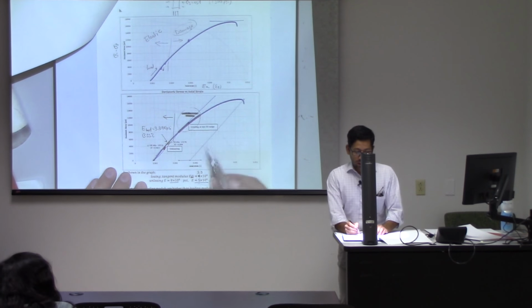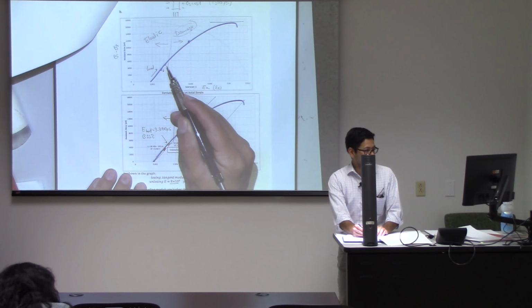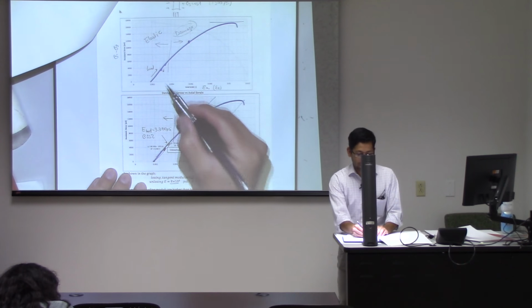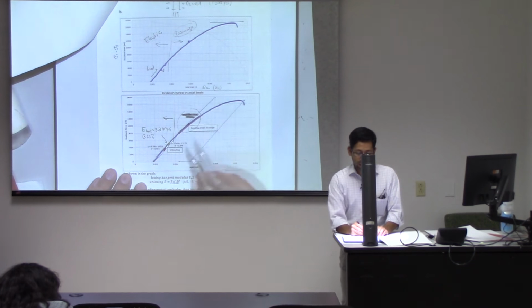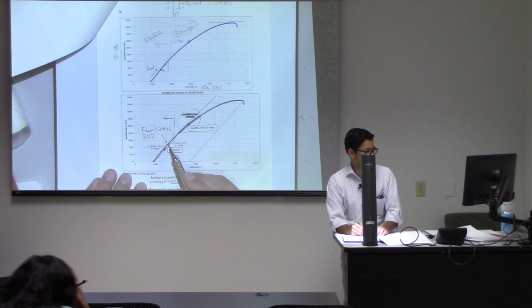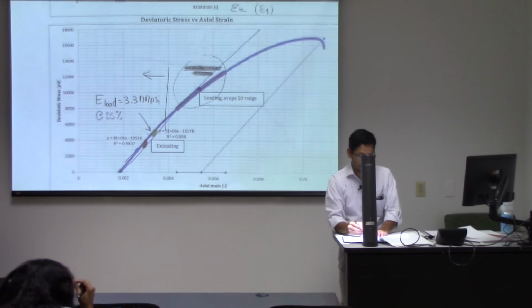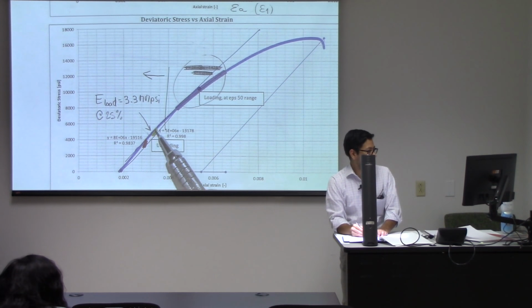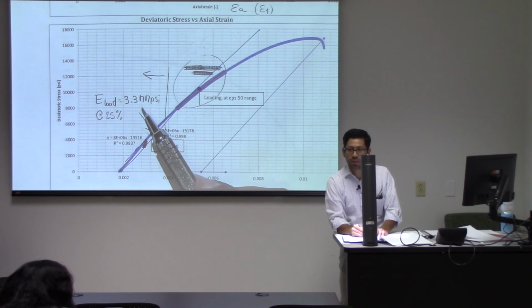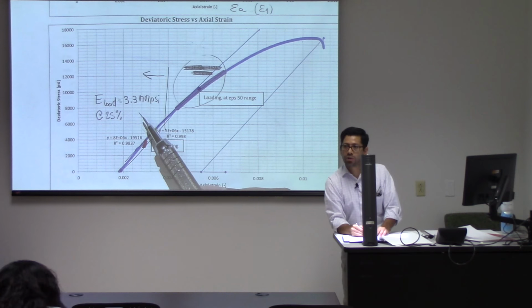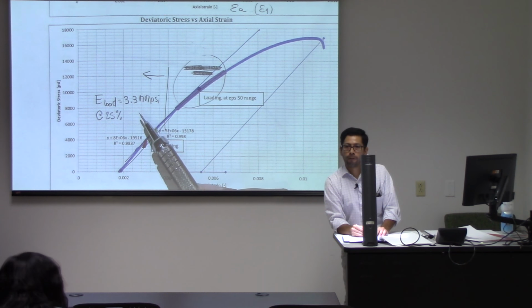And from this curve, you can do a curve fitting of sections of that curve. And from here, for example, at 25% of loading, if you were to calculate the slope of this line, you will get the Young modulus of about 3.3 million psi. Did you guys get that? Yeah?